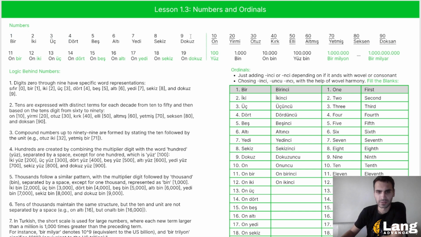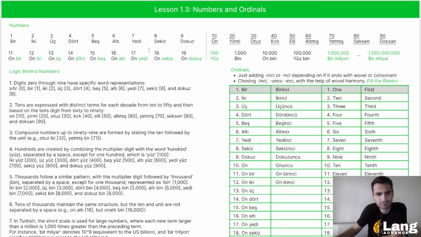We have these numbers until 9. If you noticed, after 10, they are repeated. Oh my god, after 10, it starts to be like on 1. Here we see on bir, on bir, on iki, on iki. Just on 1, on 2. On is 10.